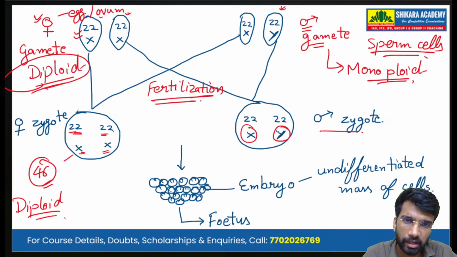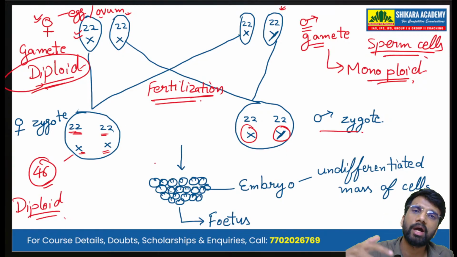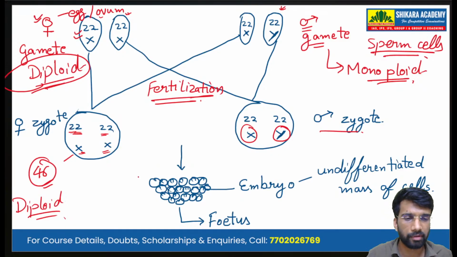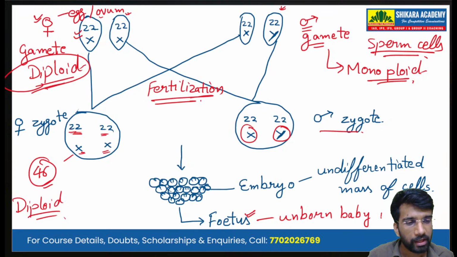The embryo is an undifferentiated mass of cells. Now the embryo starts to develop, entering into first trimester, second trimester, third trimester, and develops into a fetus, which is the unborn baby or infant inside the uterus.